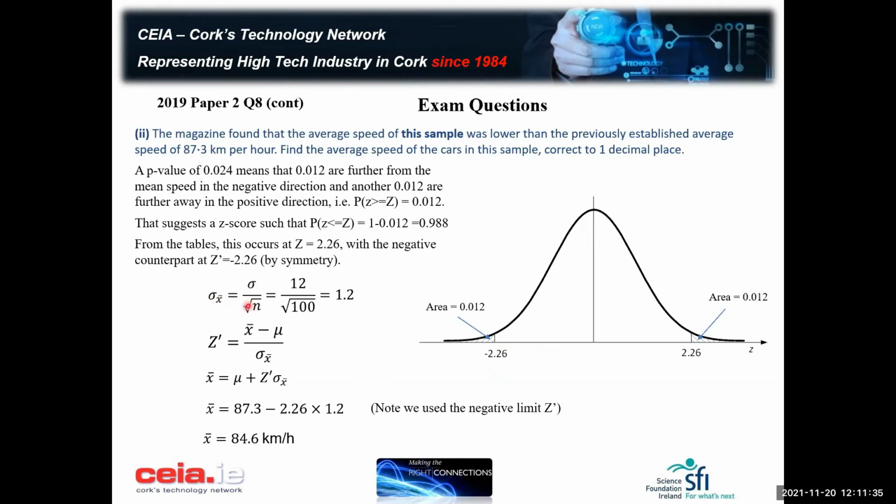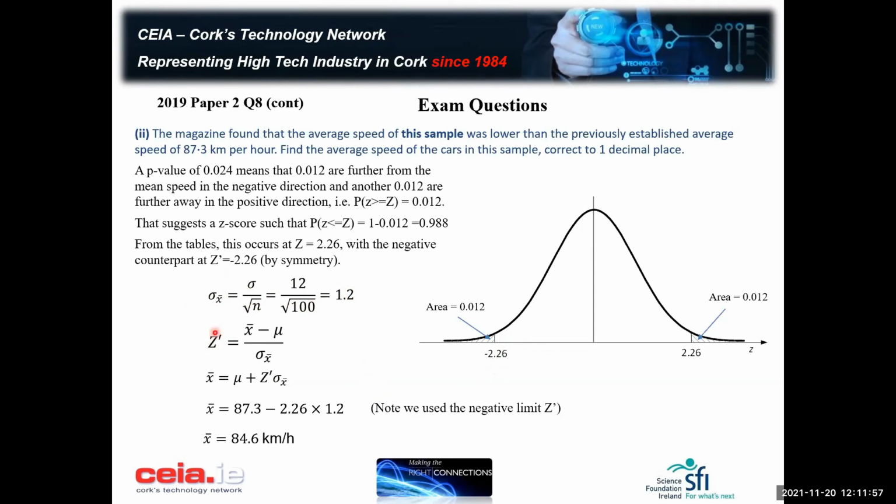In this case, though, you need to work out the standard deviation of the sample. They said the sample has 100 in it. So the standard deviation of the sample using the central limit theorem will be 1.2.